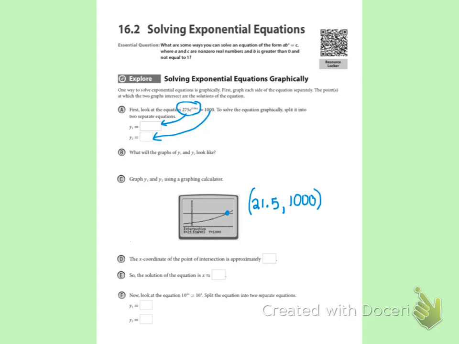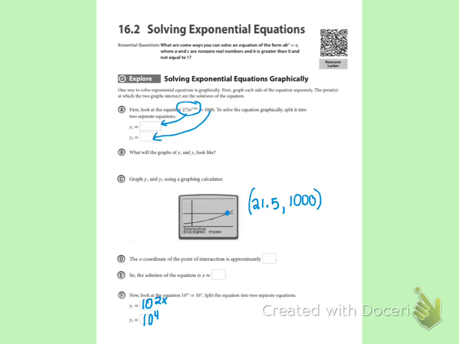Now instead, if we were looking at something like the equation 10 to the 2x power equals 10 to the 4th, we could again take one side, that 10 to the 2x, and graph it versus 10 to the 4th. But you might also notice that these are both powers of 10.